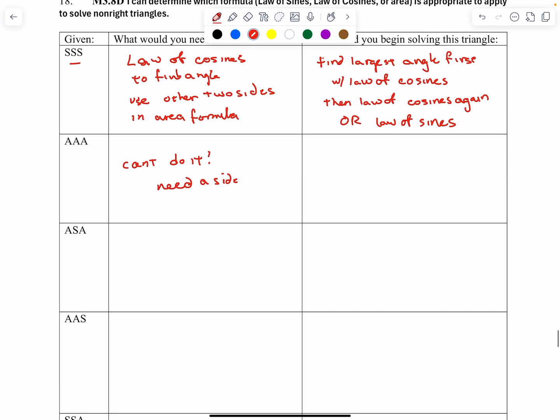Angle, angle, angle is a proportionality statement, but it is not a way to pin down a triangle.